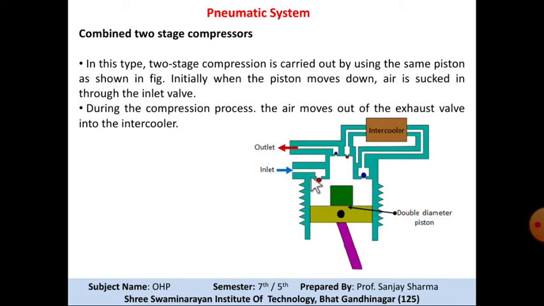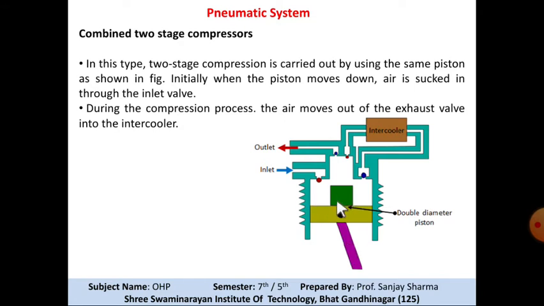So during suction it will enter here, during compression it will be discharged here, and as soon as the piston reaches this position, whatever air is sucked here will be compressed and delivered out, and whatever air is delivered in stage 1 will pass through the intercooler. So this is a combined two-stage compressor. Here only one piston cylinder and one connecting rod is used.